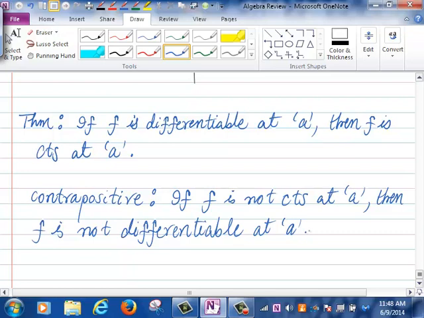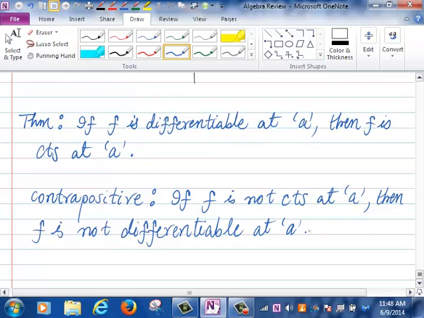So it's not true, however, if I say that if f is continuous at a, then f is differentiable at a. That's false, because we just saw the function absolute value of x, or the functions x to the 1/3 and x to the 2/3. In all those cases, the function was continuous at 0, but the derivative did not exist at 0.